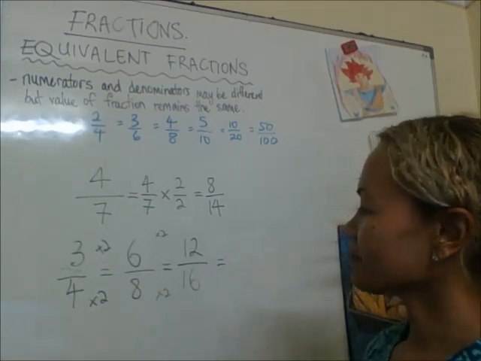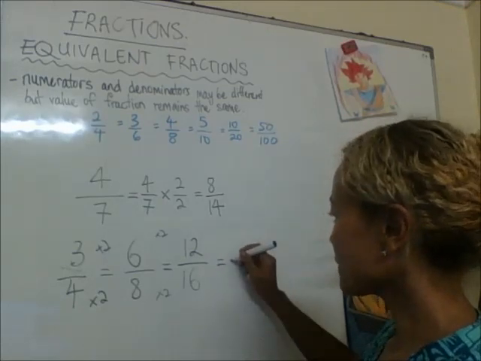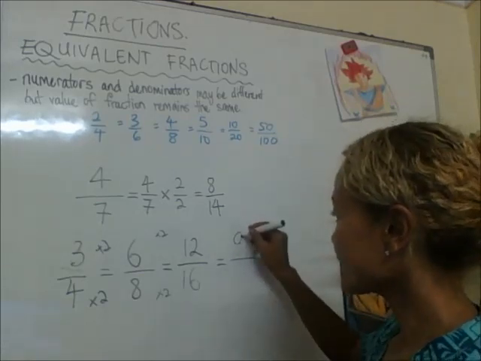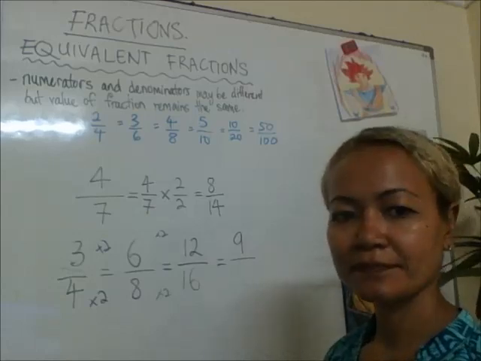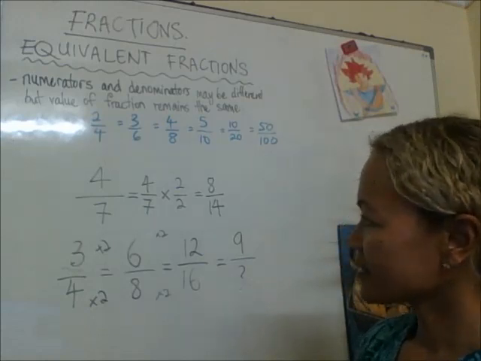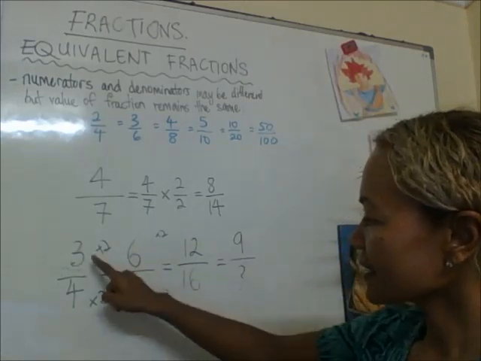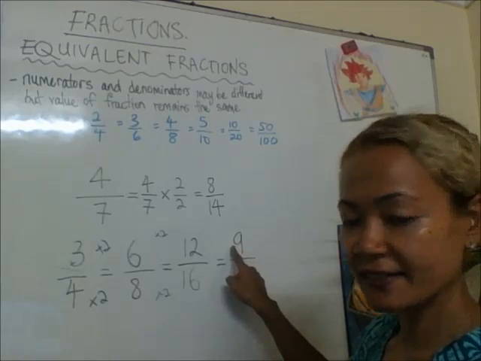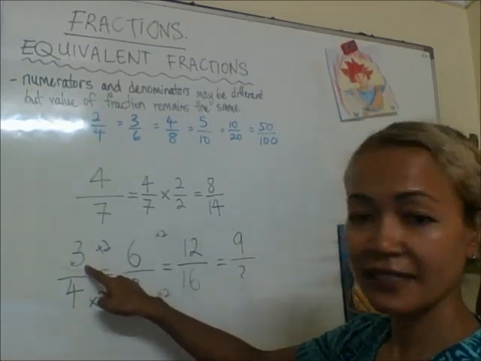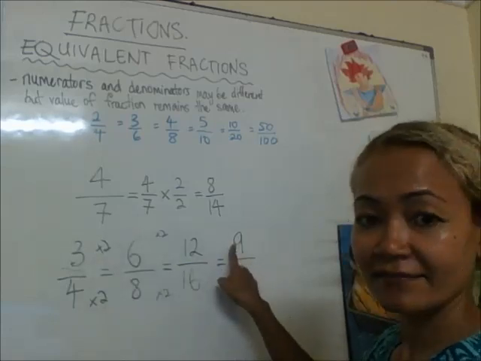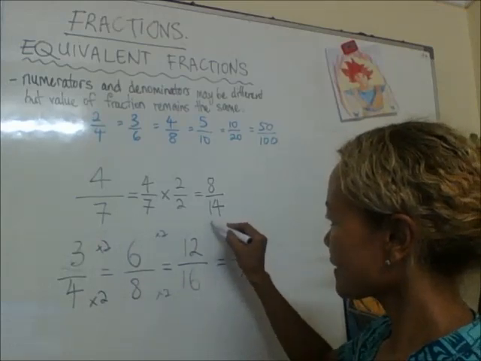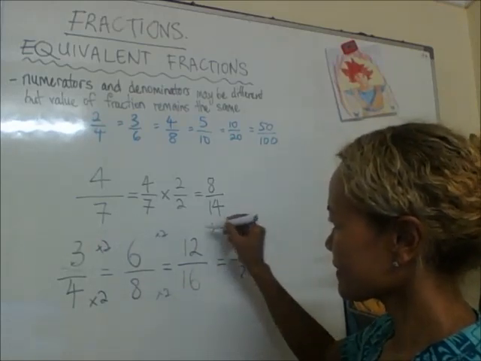Now say you have another problem here. Say it is 9. And they're asking you, what is the number on the bottom? Just look at these numbers here. Which one is easy for you to convert to 9? 3? 3 times 3 is equal to 9? Yes? So 3 times 3.